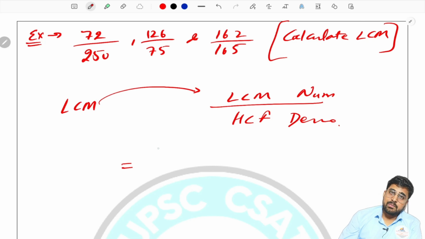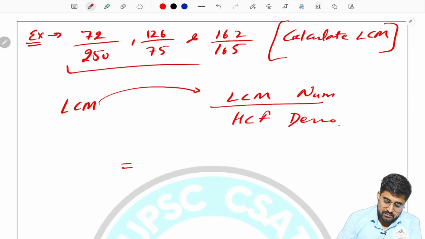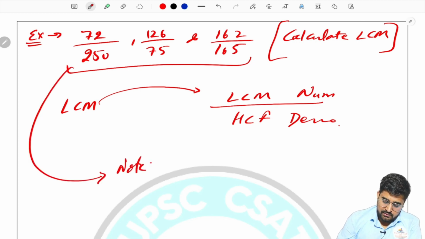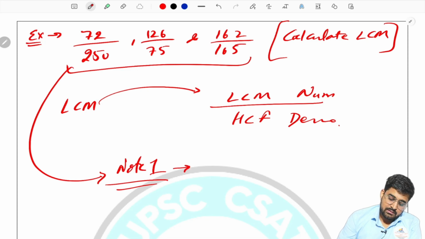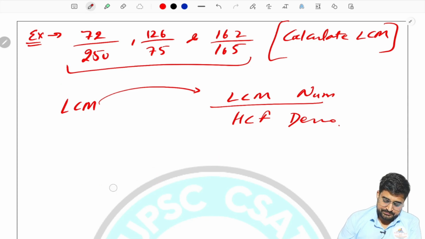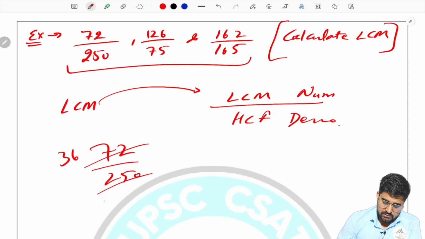But don't just start to calculate in this form, because as we have read in note 1, the fractions should be in the least possible form. Means try to cut whatever you can. For example, 72 by 250, cut them, it will be 36 by 125. Are there any common factors of 3?